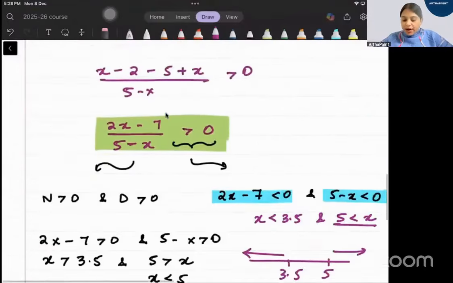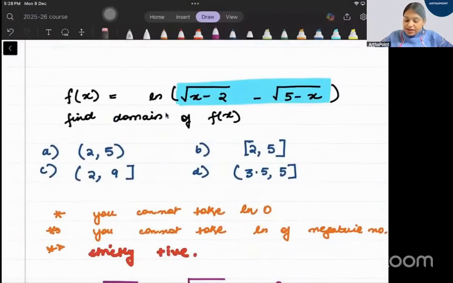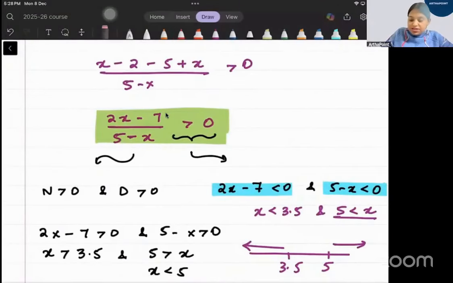Now, one thing that you have to see is whether I can include 5 or not. Because when we wrote it in the fraction form, 5 is coming in the denominator, and the denominator has to be non-zero.